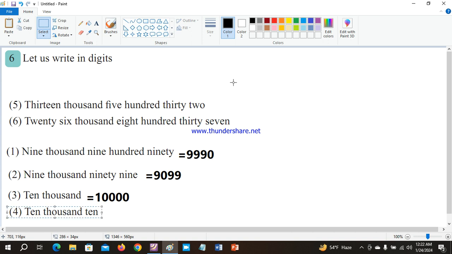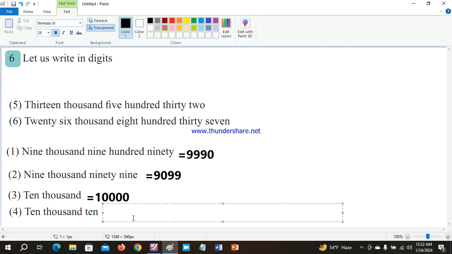Now question number 4. Ten thousand ten. Here 10,010. Here I have already written 10,000, but we have to write 10,010. 10,000 means 1 ten-thousand.